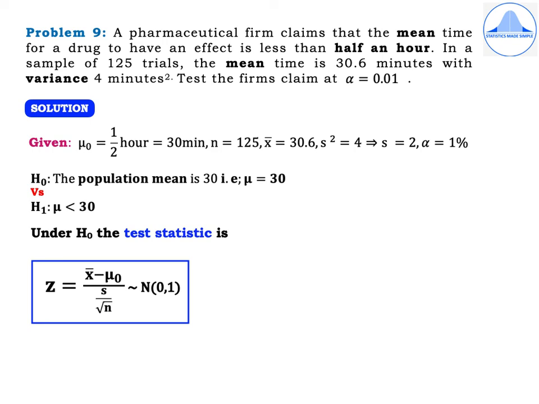Under H naught, the test statistic is Z equal to x bar minus mu naught divided by S by root n, which follows normal 0, 1.